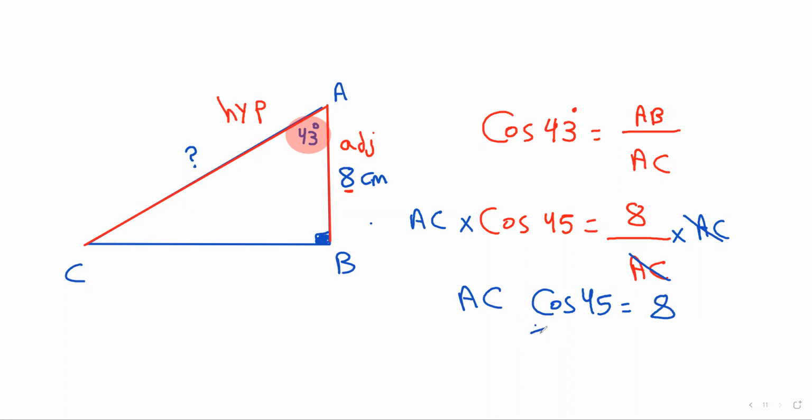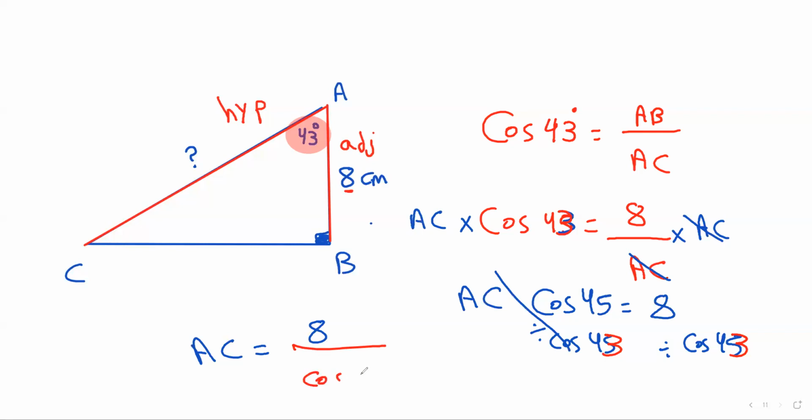Then divide by cosine 43 here and divide here by cosine 43. So AC equals 8 divided by cosine 43. Sorry, I made a mistake, it's 43, not 45.